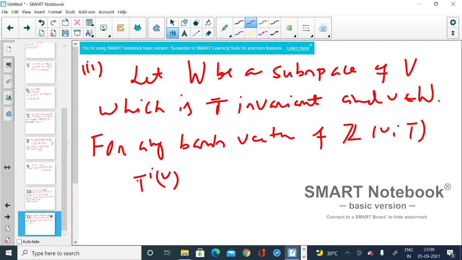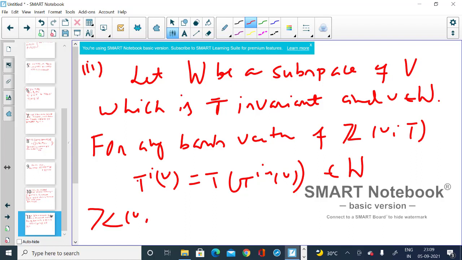So you can do induction on T^(i-1) of V, and so on. By induction you can prove that this is an element of W, because W is T invariant. As V belongs to W, TV belongs to W, and so on, T square V, and then T^i V belongs to W. So every basis element of Z(V; T) is an element of W, and hence Z(V; T) itself is a subset, actually a subspace, of W.